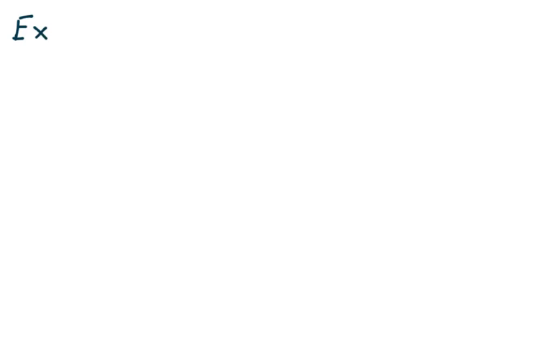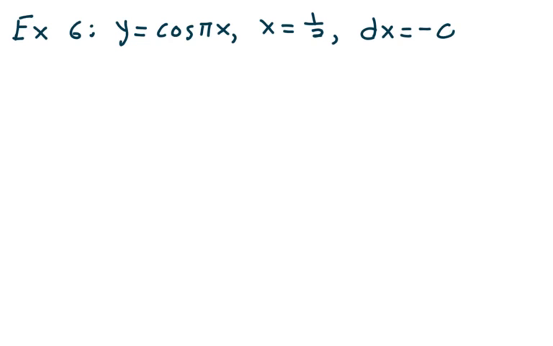So if we take a look at example 6, suppose I had y equals cosine pi x, and x is 1/2, and dx is negative 0.02.